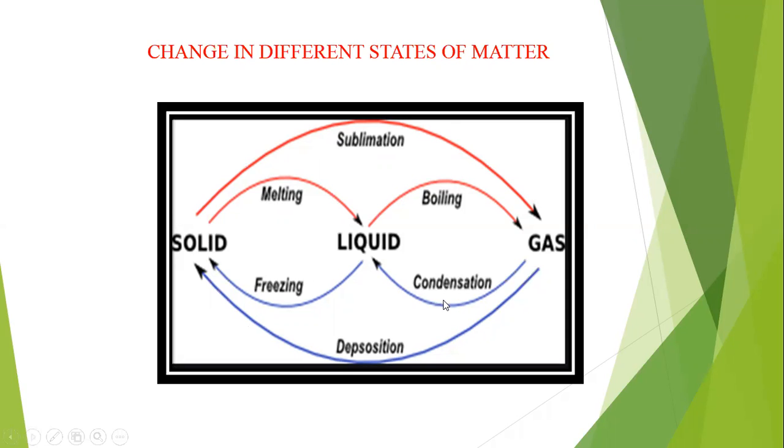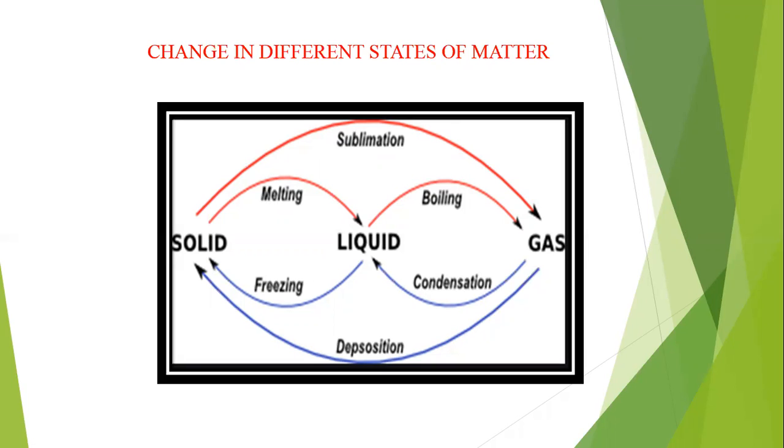Okay. For example, you see here, water at 100 degrees centigrade on heating vaporizes into steam at 100 degrees centigrade, while steam at 100 degrees centigrade on cooling condenses into water at 100 degrees centigrade. So in this case also the temperature is constant, right?